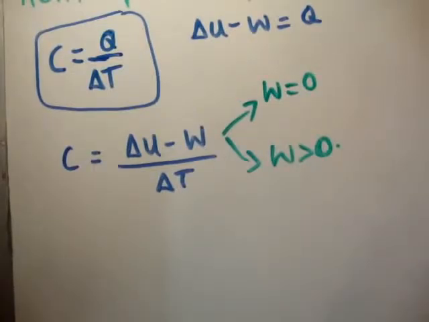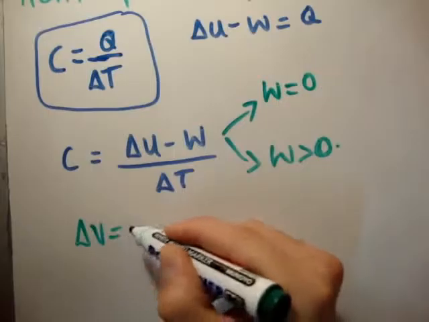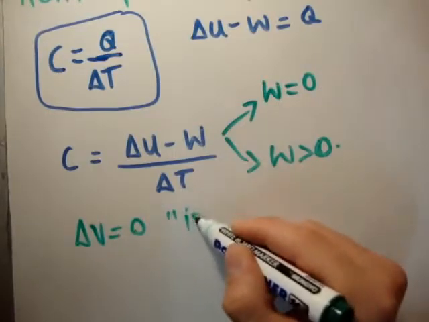So let's look at that. We have two processes. If the work done is equal to 0, it's a constant volume process, because we're talking really about compression work. If there's no compression or expansion being done, then the volume is constant, and we talk about an isochoric process. So where delta V is 0, it's isochoric.